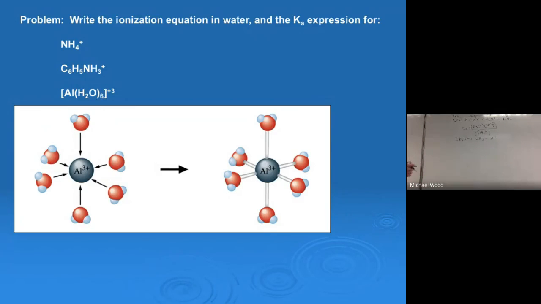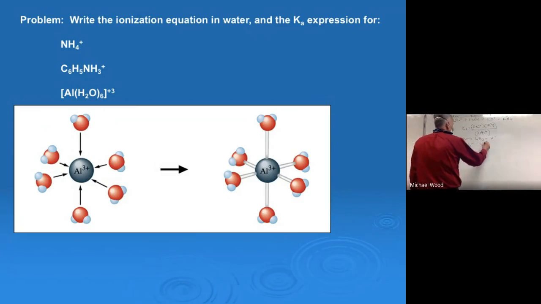Okay, let's do the next one. So I've got C6. So this one I'll do without water. Again, I could have done it with water or without. NH3 positive. So they're saying the Ka, that lowercase a up here, that lowercase a is a big clue that this is an acid.